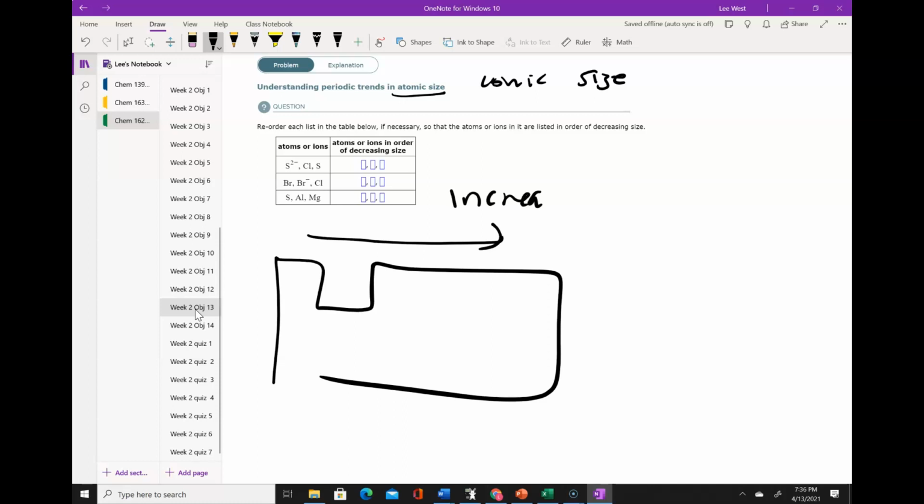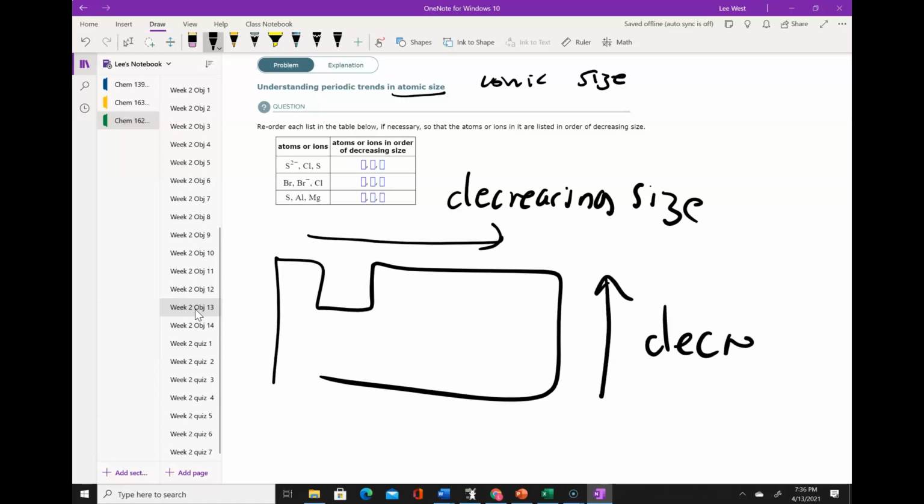Going across the period, size is decreasing, and going up a group, size is decreasing, or another way of thinking about it is they get bigger this way.